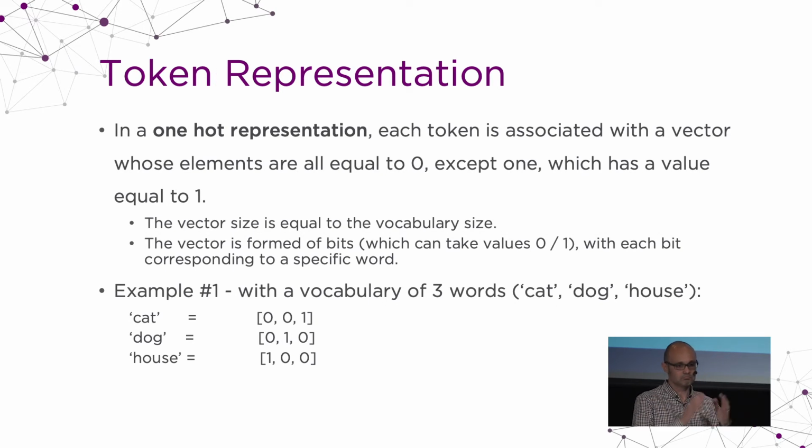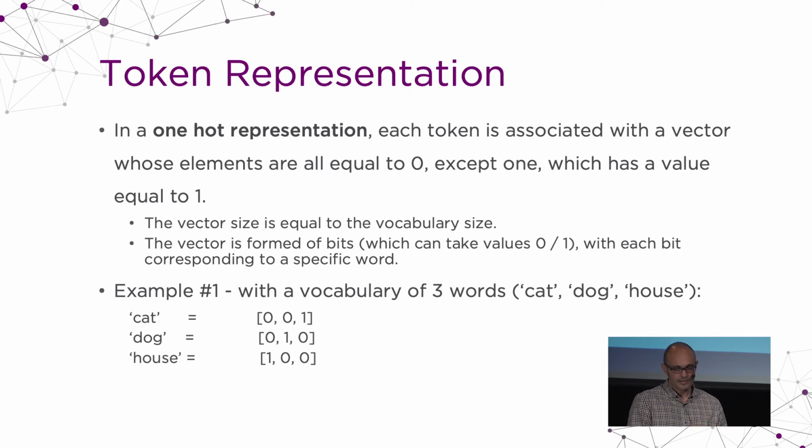Now that we know that we want to use word as token, let's see how to represent these words. In the past, we were using this one-hot representation that you already saw previously in this school.